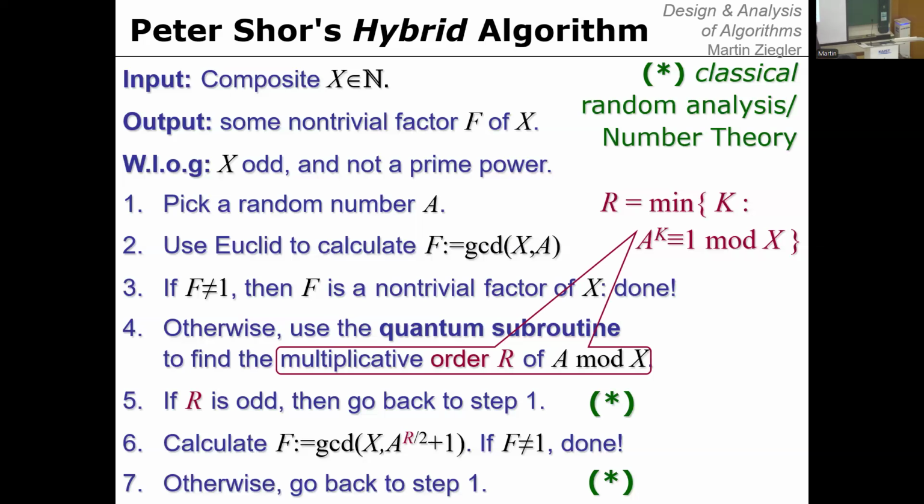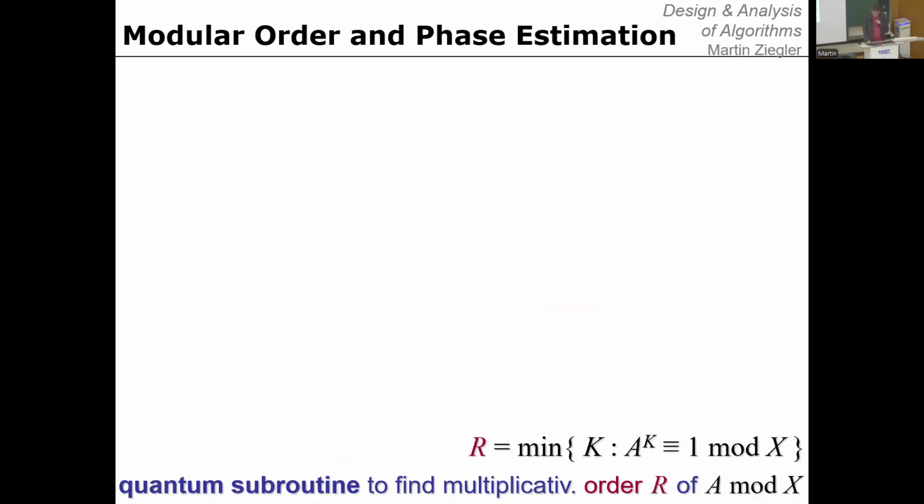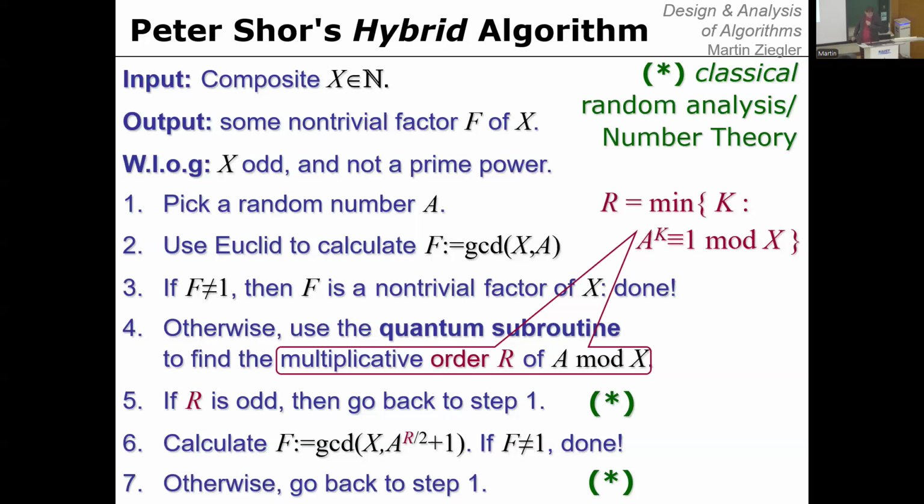If they're not coprime, then we have found a non-trivial factor and we're done. If they're coprime, then all this group theory and number theory applies. And then we invoke the quantum subroutine, which may or may not succeed. But if it doesn't succeed, we try again, and number theory says we won't have to repeat more than a constant number of times, actually. So, quantum phase estimation.